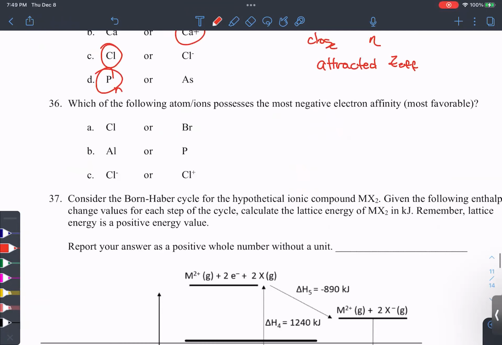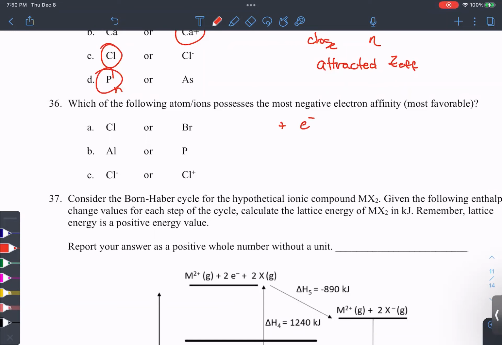All right. Which ones possess the most negative electron affinity? Most favorable. Which of them? So this question is essentially asking, when you add an electron, when the electron is really attracted to the nucleus, to that atom, it's typically going to be very favorable. And it's going to be a really exothermic reaction.